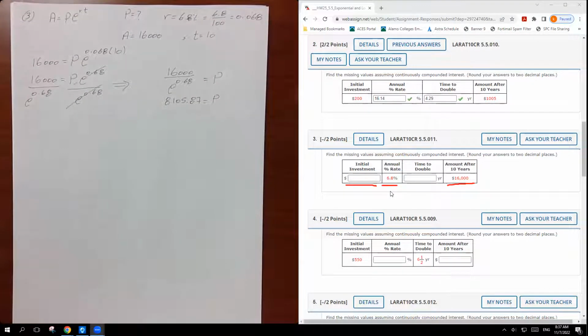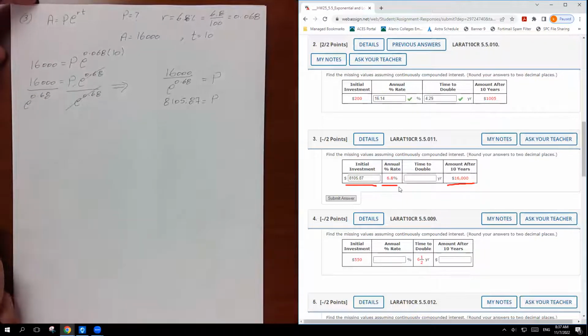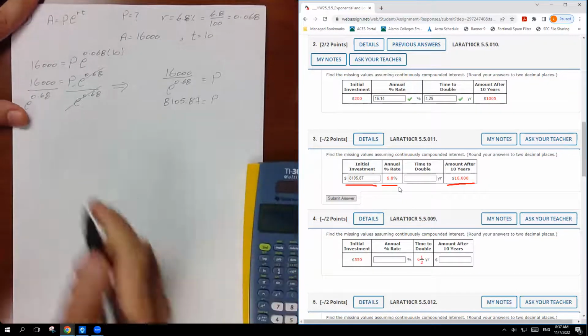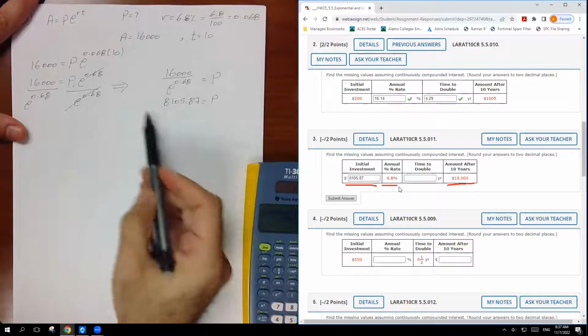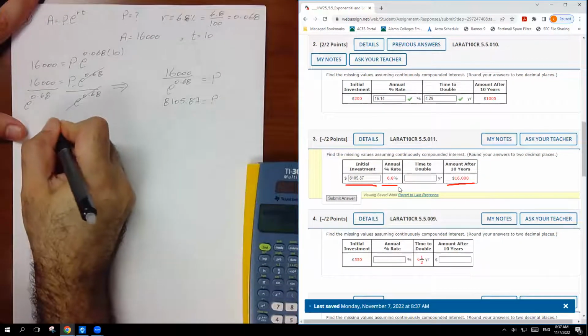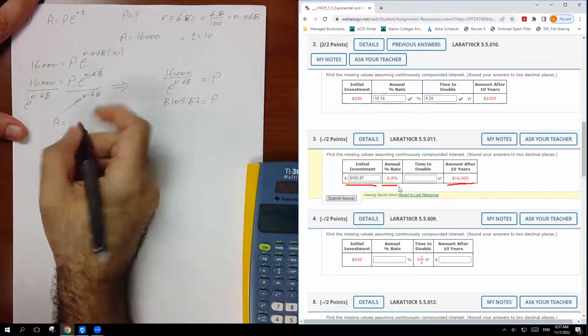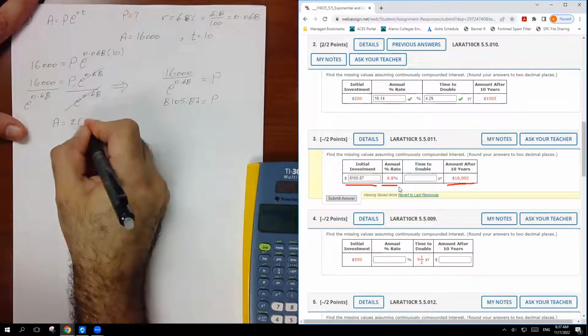Now, the second part of this example, so we have the invest, which is 8,105.87. Now, our goal is to find the time to double. Time to double means double the invest. That means your future amount now is going to be double the invest.